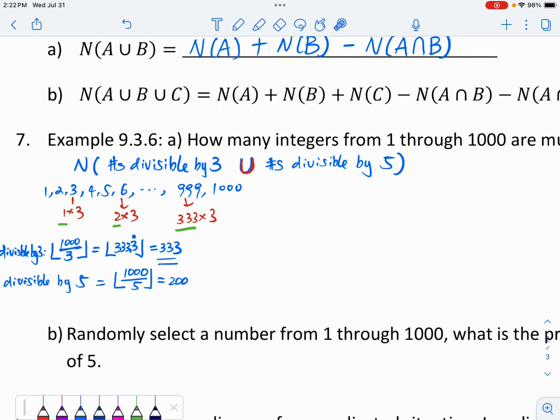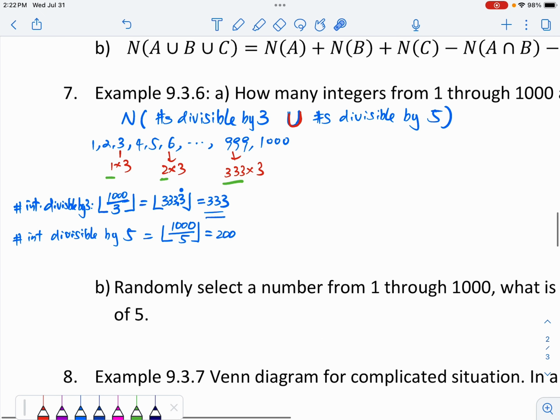So the number of integers divisible by 15, using this shortcut, 1,000 divided by 15. If you do that, this is going to be 66. Just take the integral part.